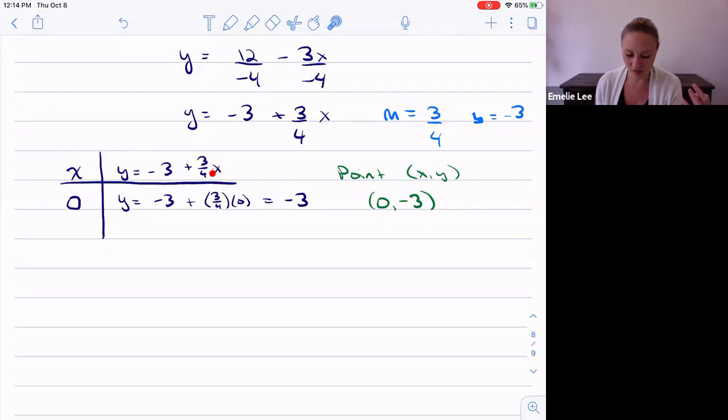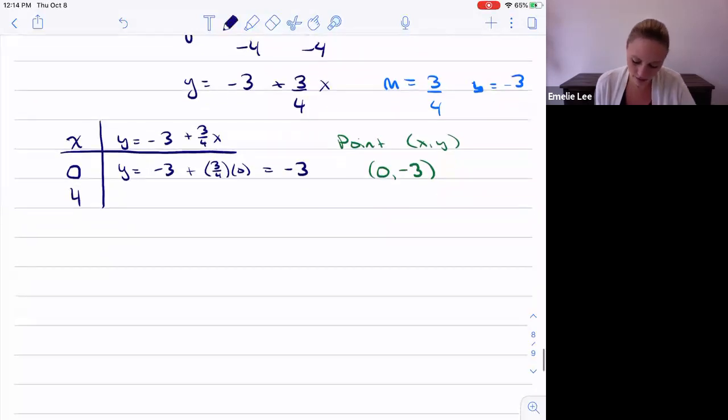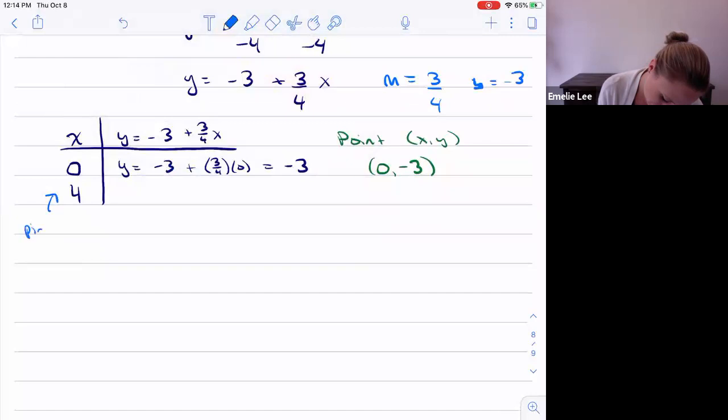So what I'm going to do is try to cancel with this 4. So any multiple of 4 is going to work here. So now I'm going to pick 4, right? And I'll make a note here. Pick easy values of x.